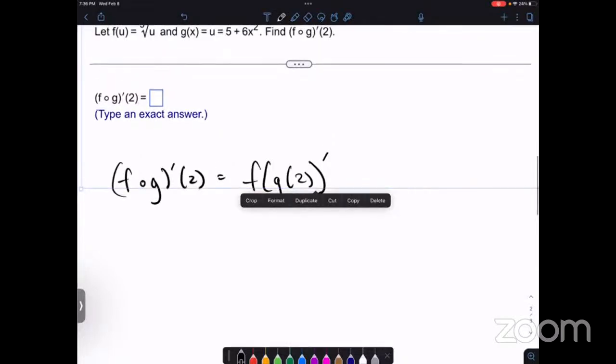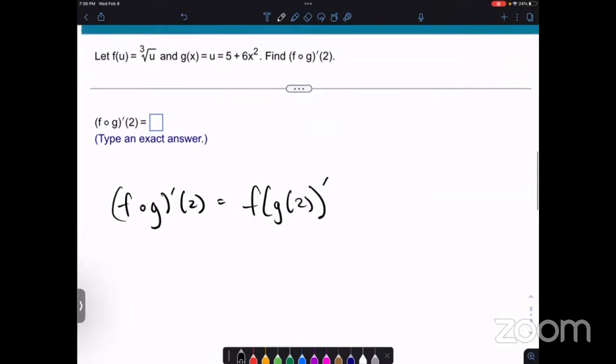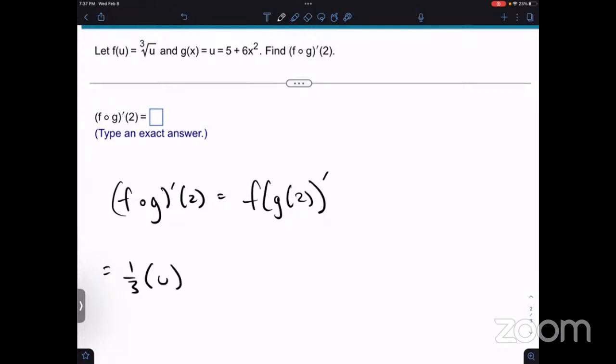So okay, if we take the derivative of f, we got that cube root of u. So that's like saying u to the 1/3 power. The 1/3 comes down, the u persists, and then the power now is what? Negative 2/3, right? We subtracted 1 from the power. So that's the derivative of f. That's the derivative of the outside function. Now we're going to say times.